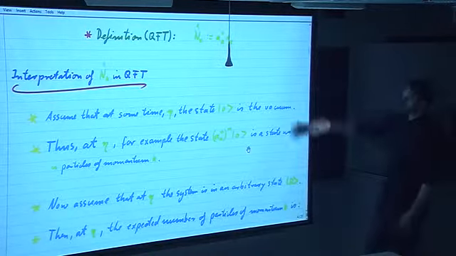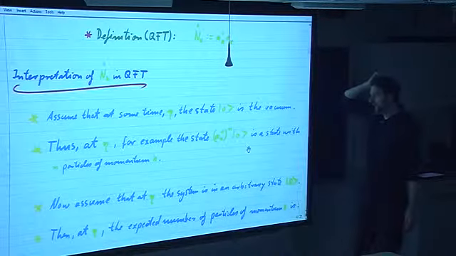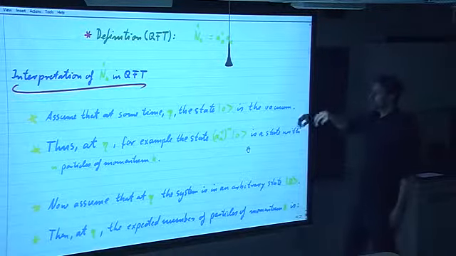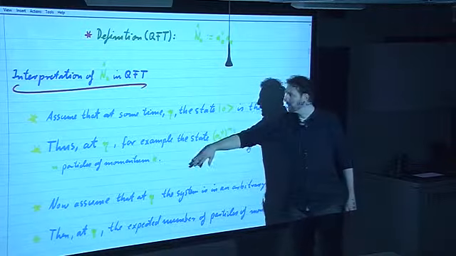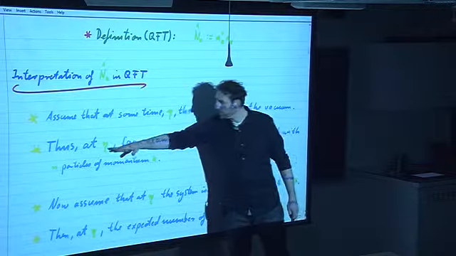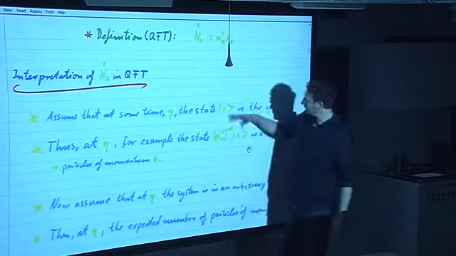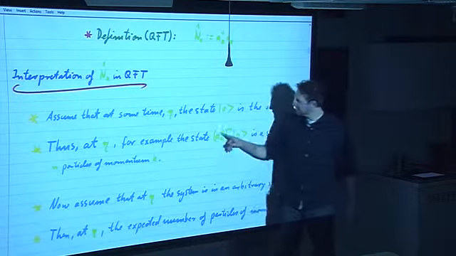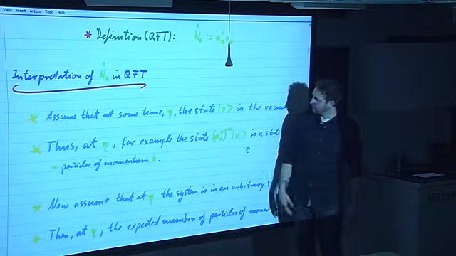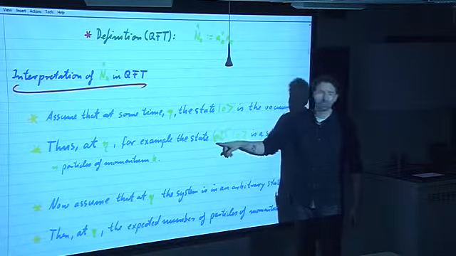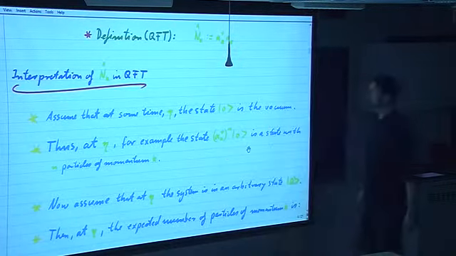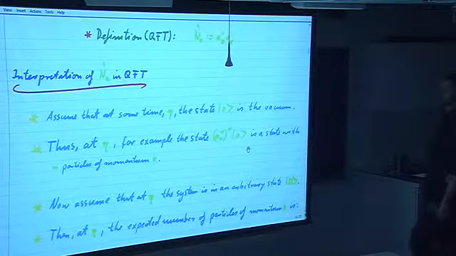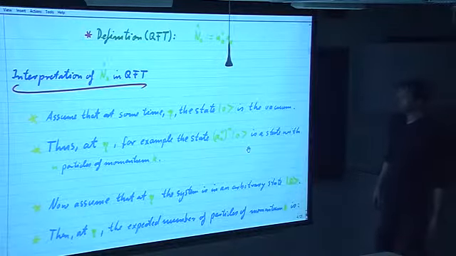And then, as we said earlier, if we look at the same time eta, when it's still true that this is the vacuum state, when we look at the state A_k dagger to the power n acting on this, then up to normalization, this is going to be a state with n particles of momentum k.